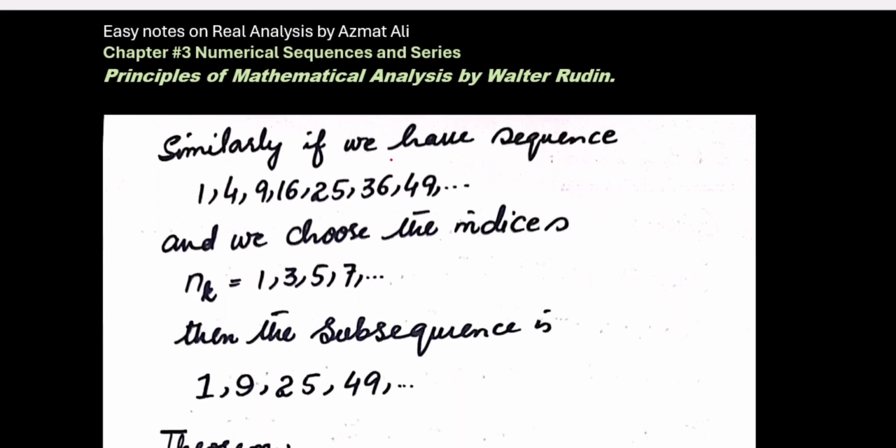Next, I have a second example. Suppose we have a sequence 1, 4, 9, 16 and so on. This is the sequence whose general term is n squared. So this is the sequence of squares of positive integers, and we choose the indices nk equal to 1, 3, 5, 7. That is to say, I am taking the first term, third term, fifth term, and seventh term of this sequence.